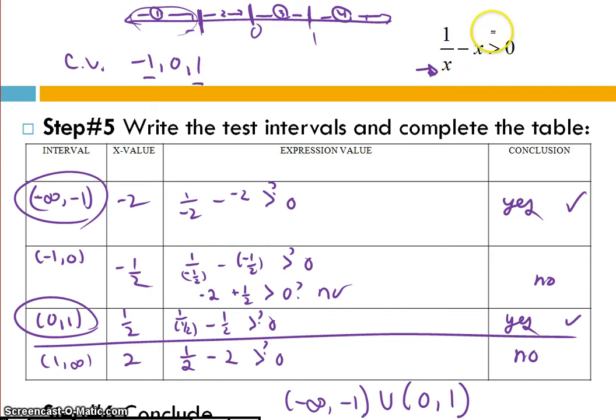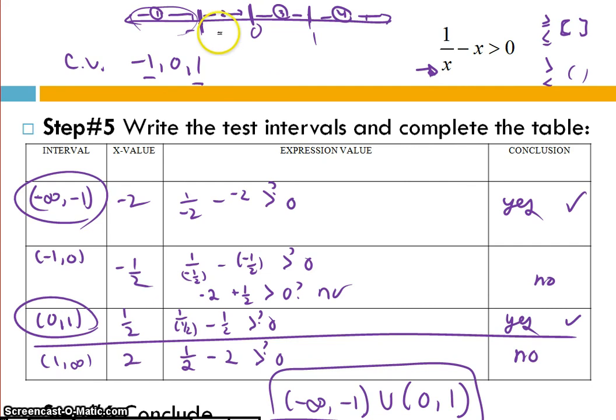Since it's strictly greater than, or if it was less than, you're going to use round brackets. If it's or equal to, we're going to use the square brackets. So those are for the x-intercepts. Since our x-intercepts have the greater than symbol, it's going to be the round brackets, and that would be the answer. It tells us on those 2 intervals, our rational function is bigger than 0.